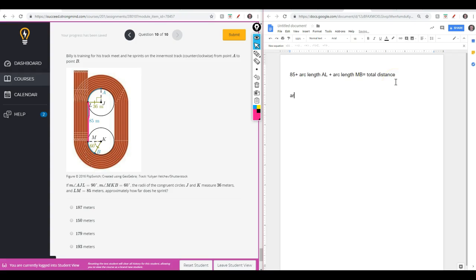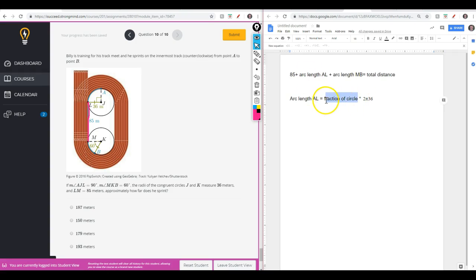So let's tackle those. The arc length of AL is going to equal, since it's given in degrees, the fraction of the circle multiplied by the circumference, which is 2 pi times the radius, given to be 36 meters.